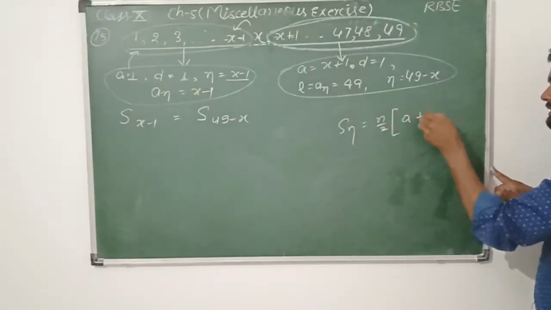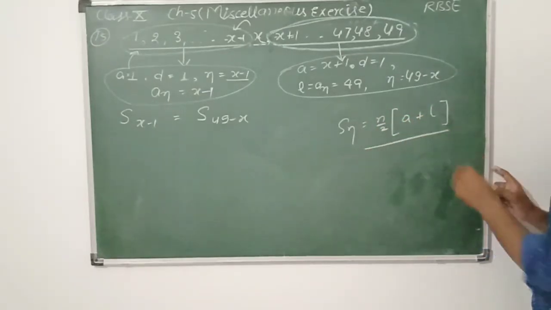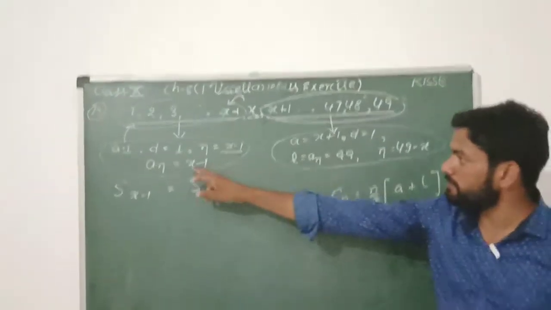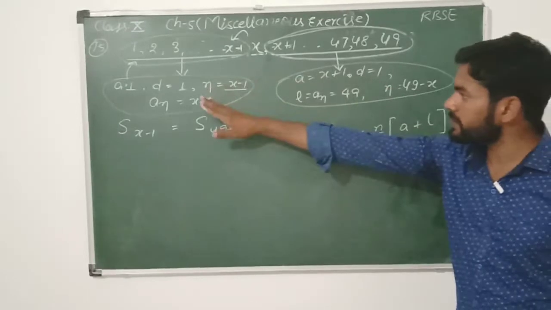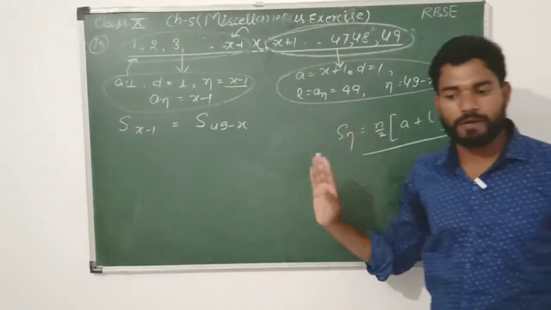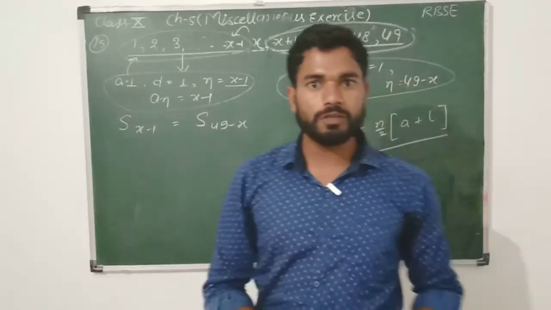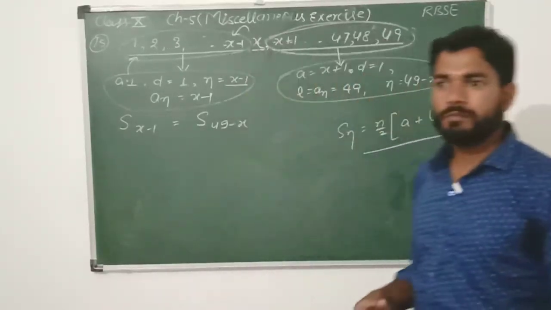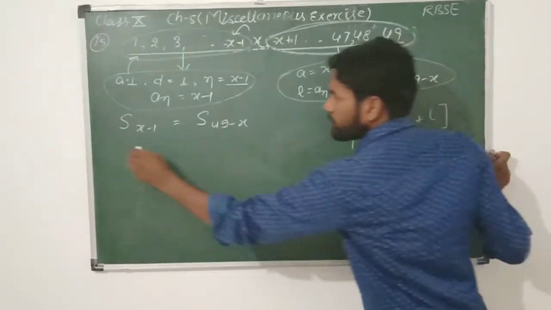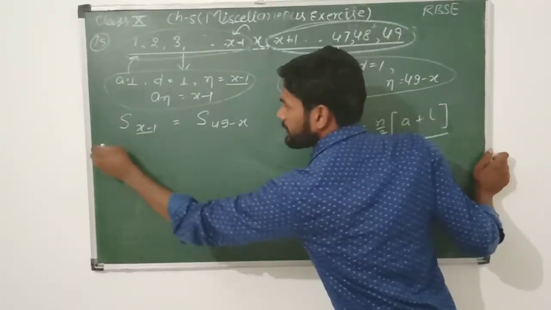We know that Sn is equal to n upon 2 into 2a plus l. We will use this formula because the value of the last term is available in both cases.